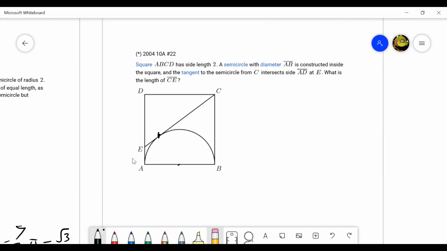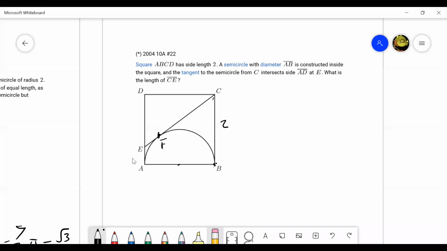Basically, the key insight to this problem is that CB is tangent to the semicircle at B, and that can be seen from the construction with the semicircle. C to this point F, the point of tangency, is equal to CB from the two tangent theorem.